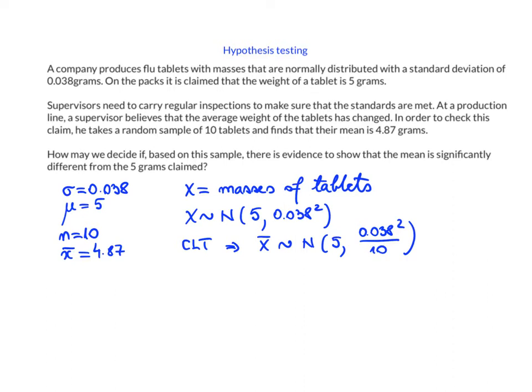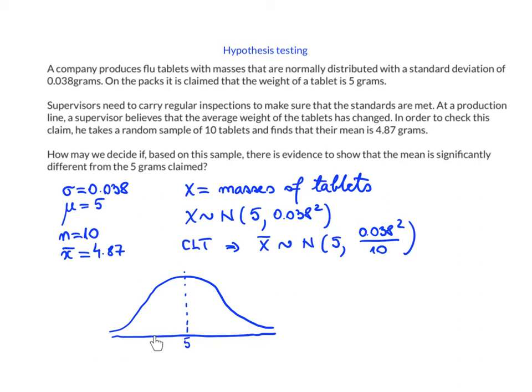I know that the sampling distribution of the means is normal, and this variance is smaller than the variance of the initial population. So I know that the mean is 5, which is not relevant, and then I know this is the shape. So I want to see where 4.87 will be on this side. Where is it? Is it close to 5? Is it far from 5?